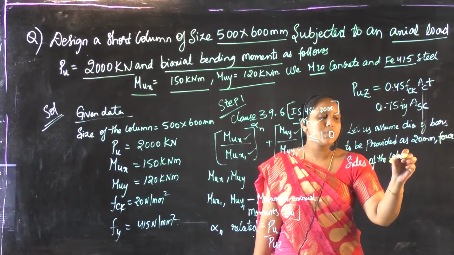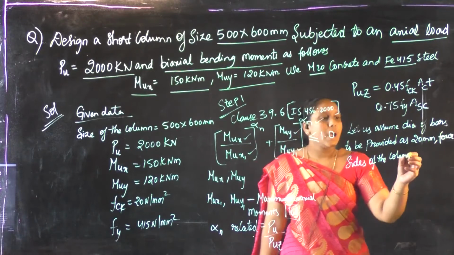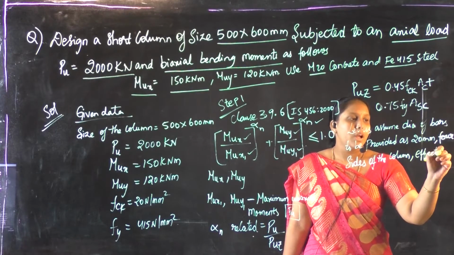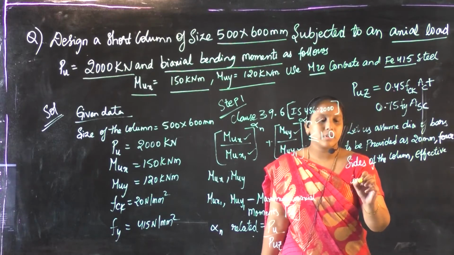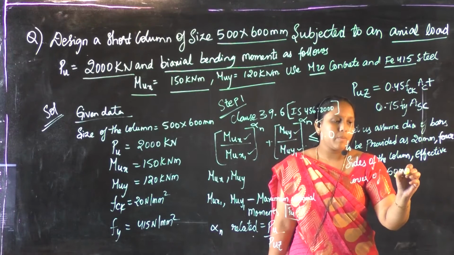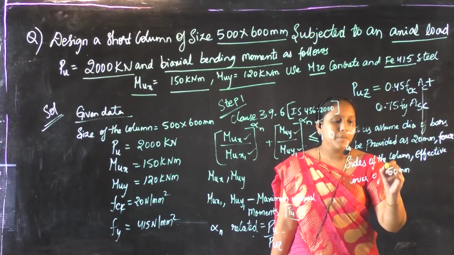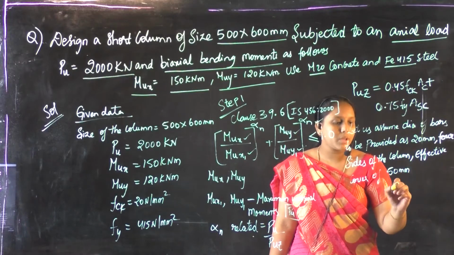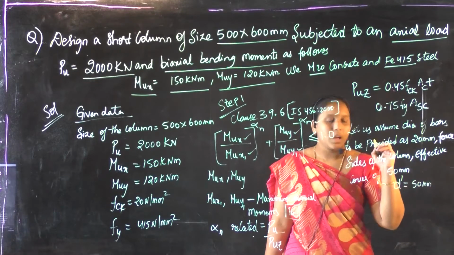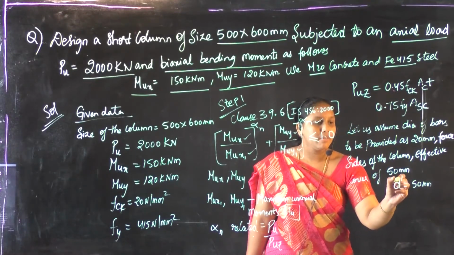I am assuming an effective cover of 50 mm. That is, these bars are provided at an effective cover of 50 mm. That is what 50 mm here is, d dash. d dash is 50 mm. So this is what I have assumed.